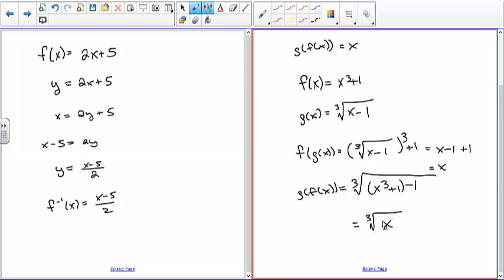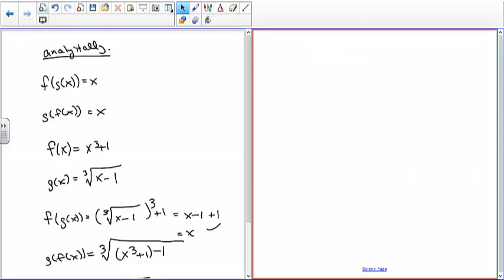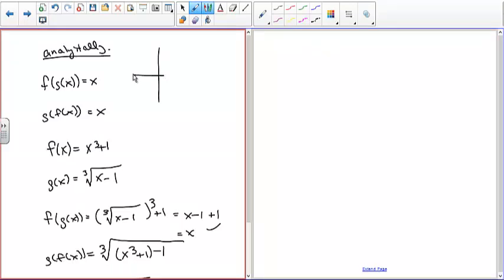So I just end up with the cube root of x cubed, which is x. So because f of g of x and g of f of x equal x, then I can say therefore these are inverse functions. Another thing you could do if you had a graphing calculator is to plot them. And if the functions are symmetric around that line, then that would be the way you would graphically prove it.